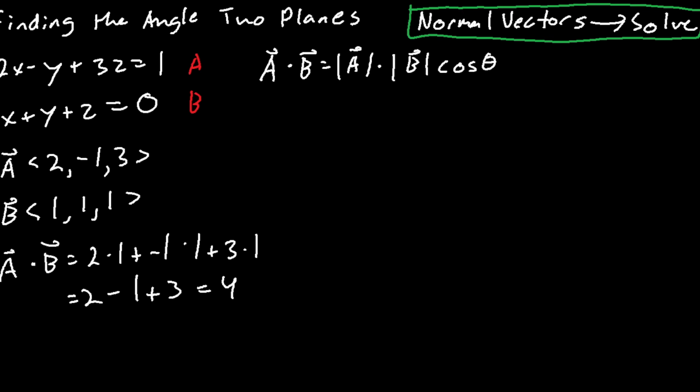Okay, 4. Once you have that, all you have to do is solve for the magnitudes of vectors A and B. Let's do that somewhere reasonable, like here. Let's just section it off.